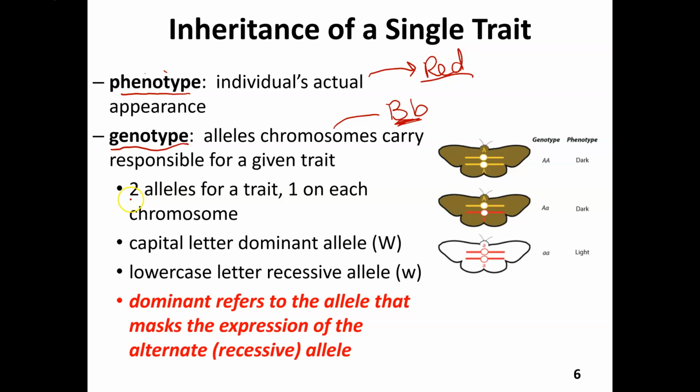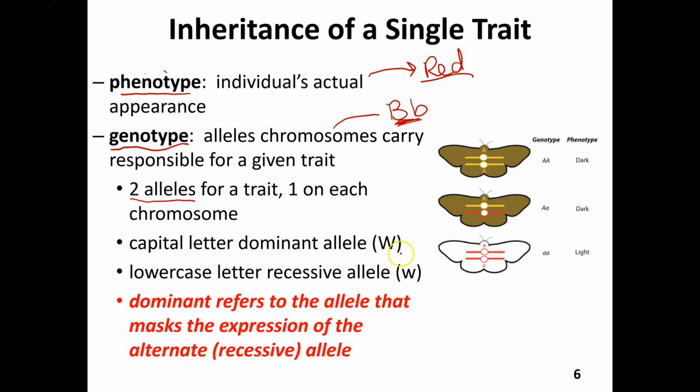So there are always two alleles for any given trait. Well, I won't say always. There are usually two alleles for any given trait, specifically for all autosomal or body traits. And these alleles are found one on each of your chromosomes. If you have a dominant allele you're going to use a capital letter.